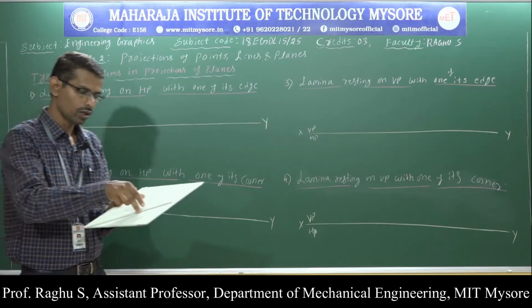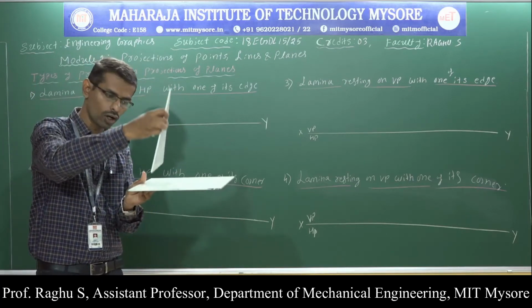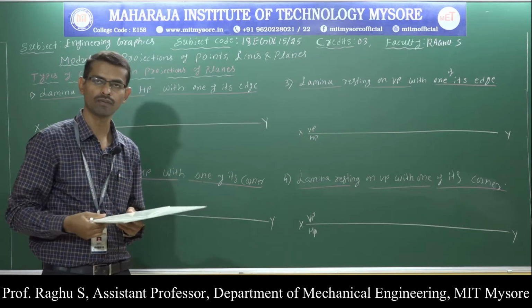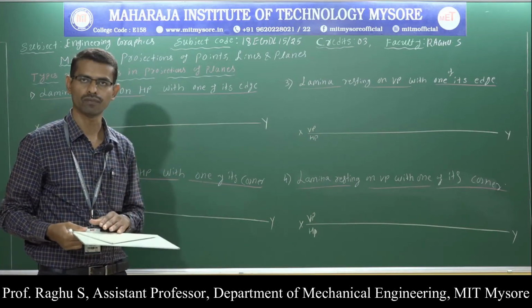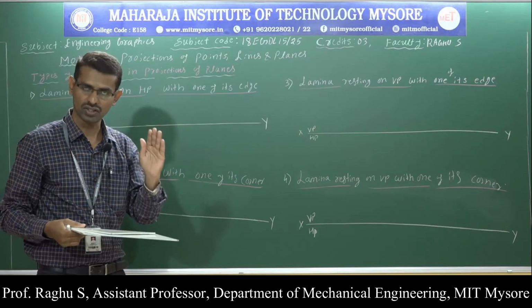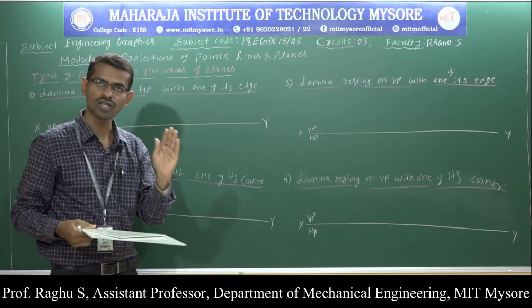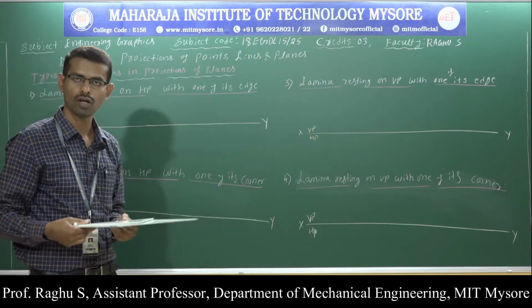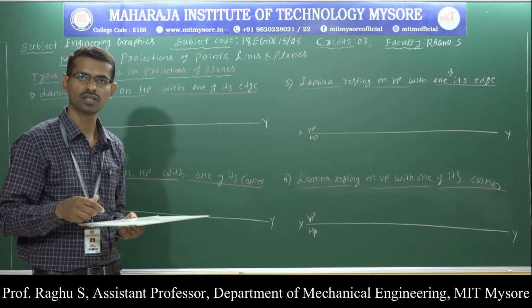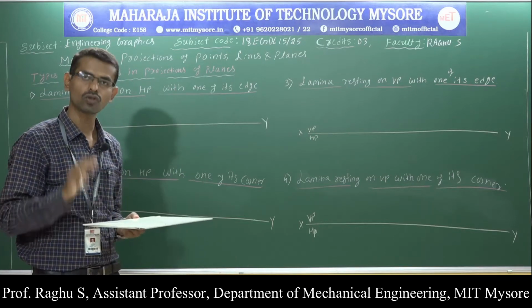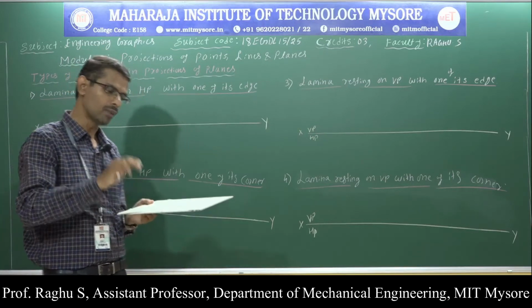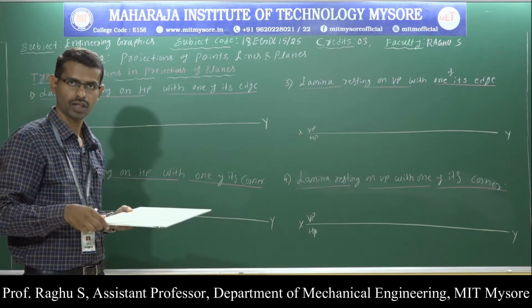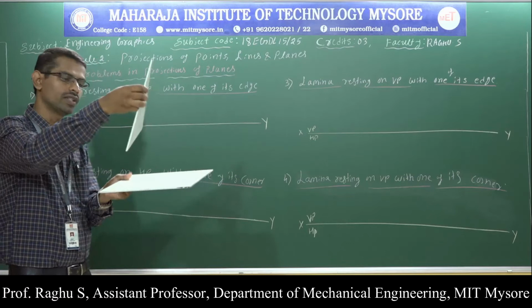Now the condition is lamina resting on horizontal plane with one of its side. In the projection of planes, we make one assumption: the resting condition is considered on the left side. We can also take the resting side towards the right side, but just to avoid confusion, I am taking the resting condition towards the left side. That means this is the resting side.